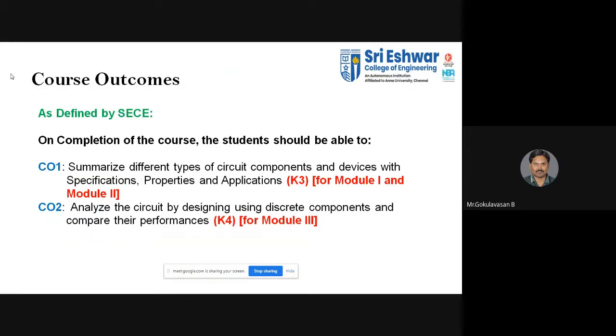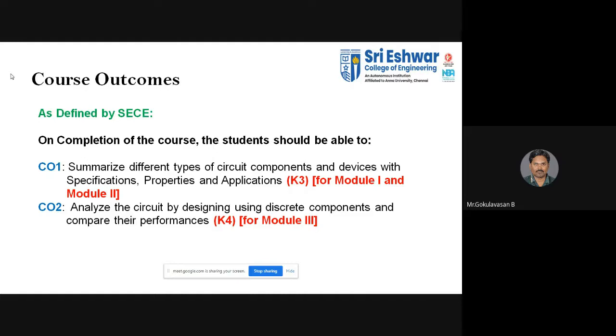Coming to the course outcome, as I said, we are in the second module. CO1 is going to be a common CO for two modules, module 1 and module 2. Module 1 we have completed, module 2 now. The course outcome is to summarize different types of circuit components, which goes to module 1, and devices, which come to module 2, with specifications, properties, and applications.